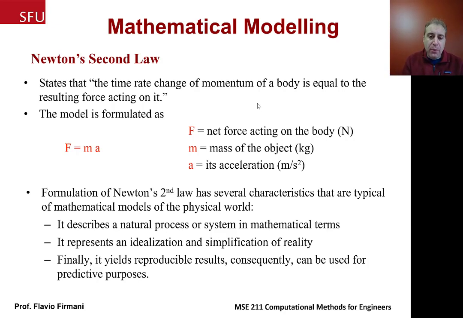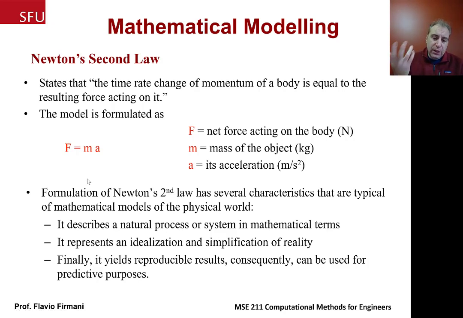So if you remember, linear momentum is mass times velocity. So if we take the time derivative, then we get mass times acceleration, and that would be equivalent to the sum of all the forces that are acting on the system. So we have force, which is the net force acting on the body. We have mass, which is the mass of the object, and a, which is going to be the acceleration.